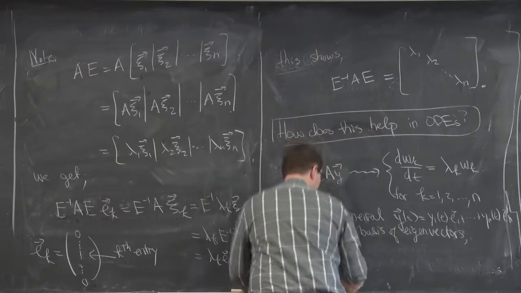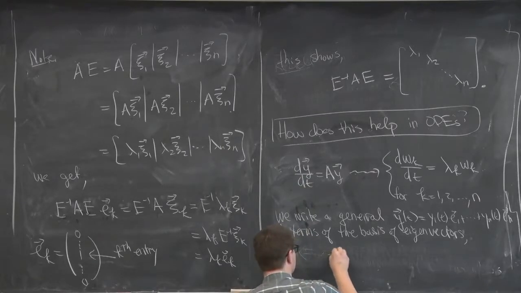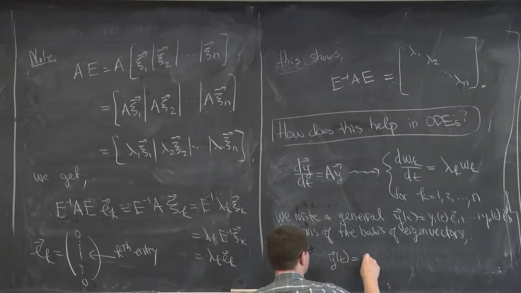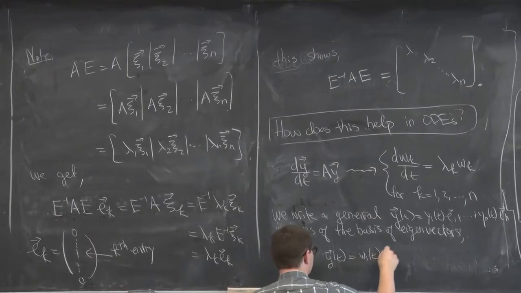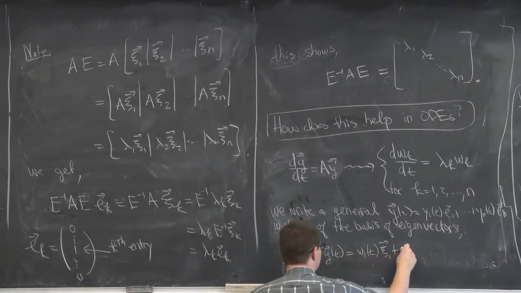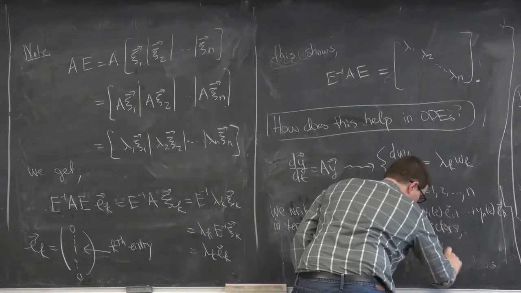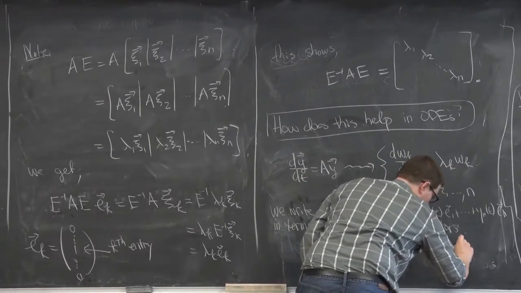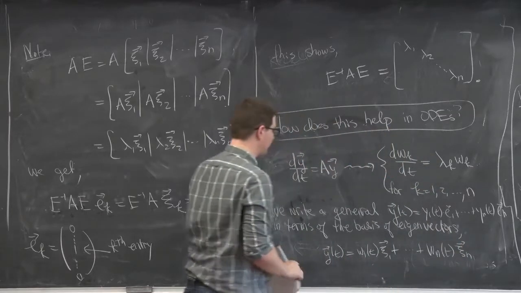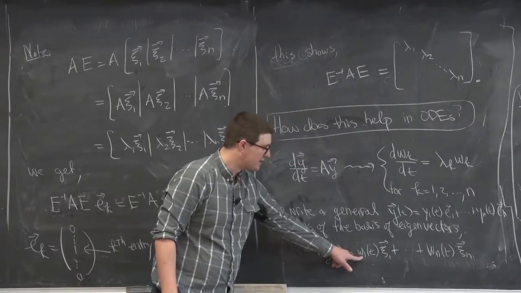So here, y of t looks like w1 of t c1 plus up to wn of t cn. We have to figure out what these are in terms of those.